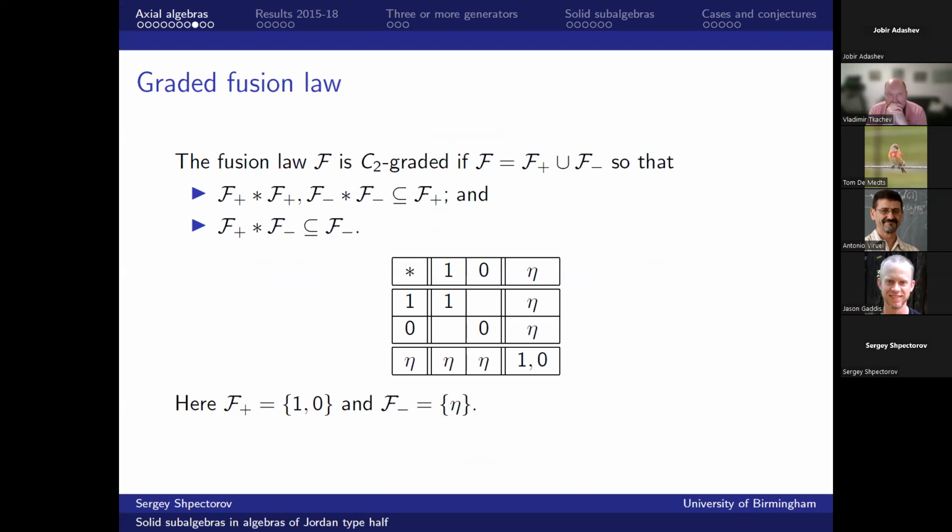Okay, so this is again something that Tom already explained, this fusion law for algebras of Jordan type. It is graded, so it has an even part, which is marked with plus, and the odd part with a minus. And basically, if you look at the table, if it's split like that, you can see that even times odd is odd, and odd times odd is even, and so on.